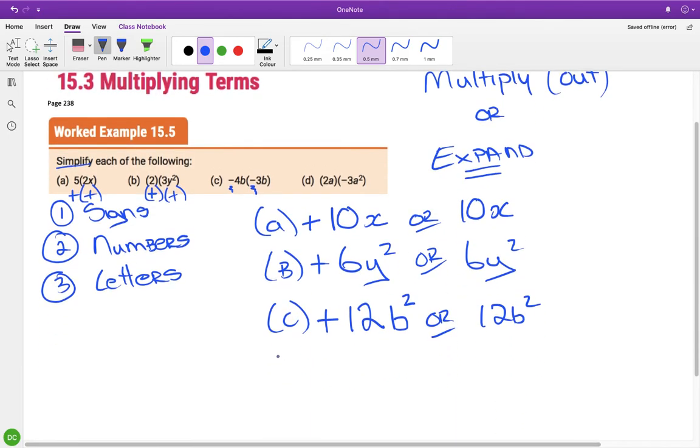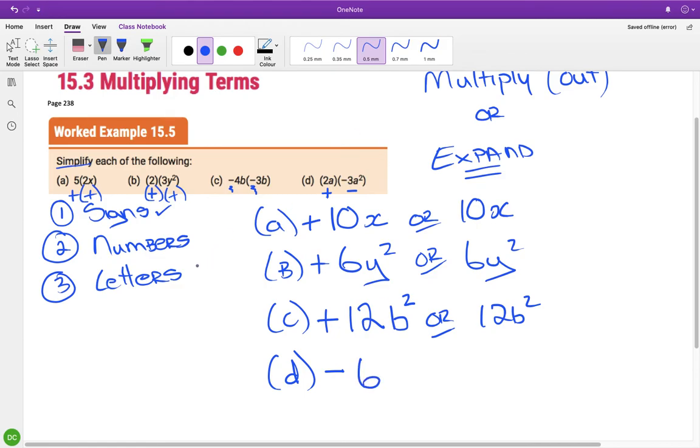And then D. Here, this 2 has no sign on it, which means it's a plus. This 3 is clearly a minus. We have different signs this time, so different signs mean minus. That's the signs done. Next, the numbers. So 2 multiplied by 3 is 6.